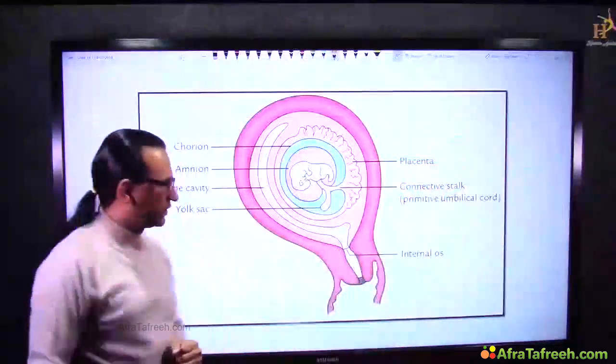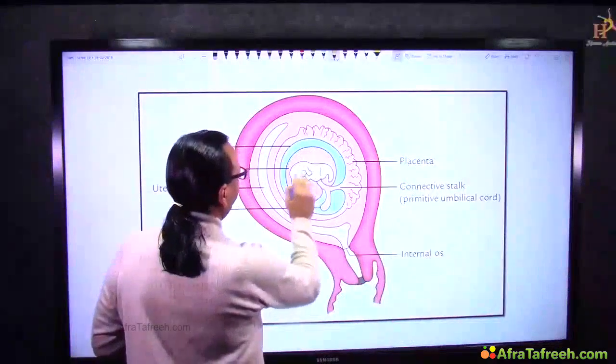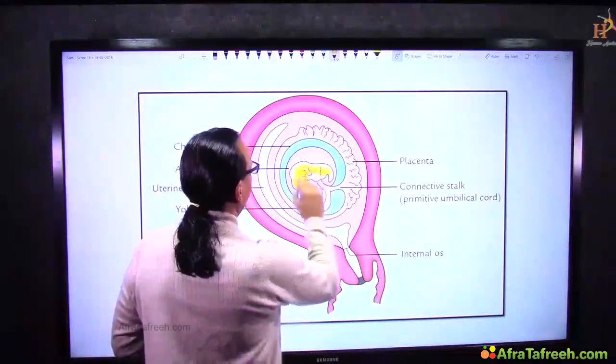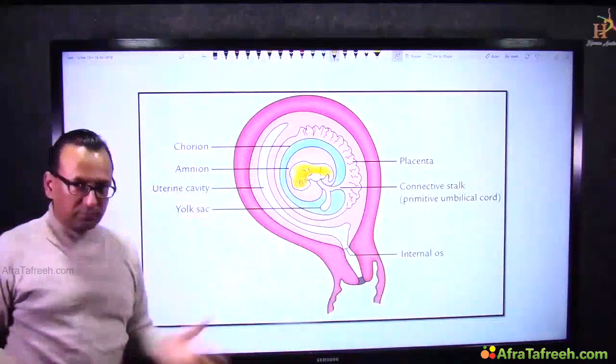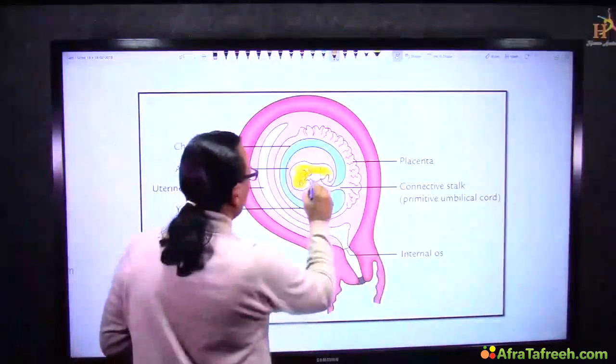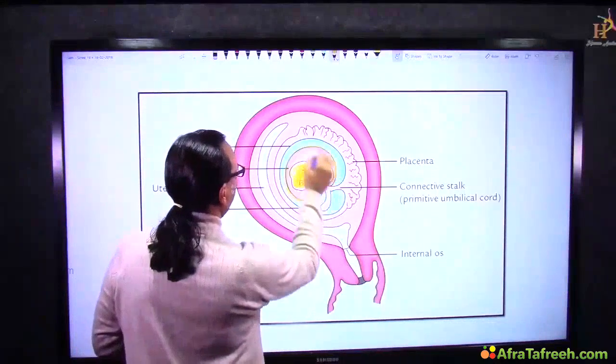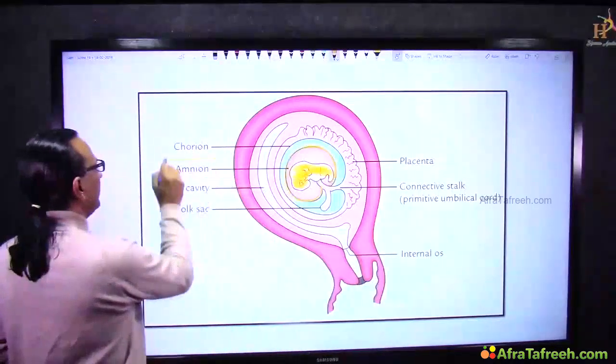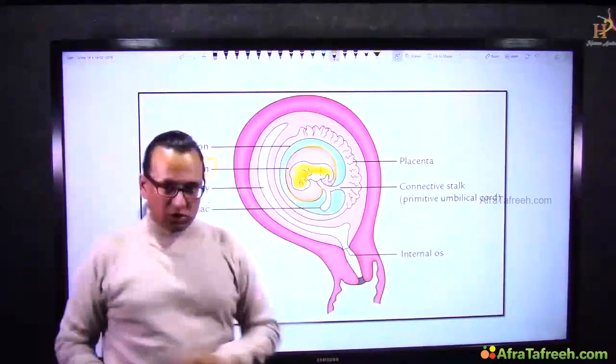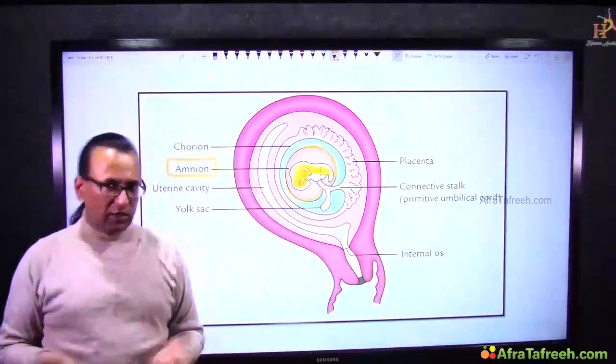Now you will notice this is the baby. And what is this baby suspended in? Amniotic cavity, which is covered by the amnion membrane. So this is the amnion membrane which is covering the amniotic cavity. What is around that? The chorion.